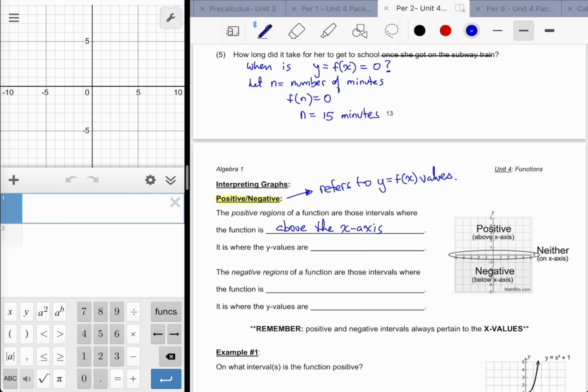It's where the y values are positive. Negative regions are below the x-axis. It's where the y values are negative.